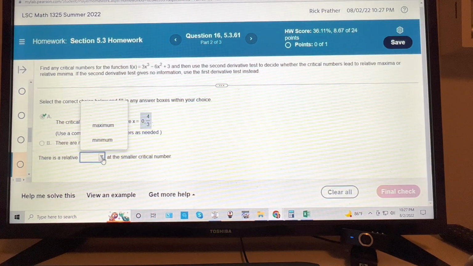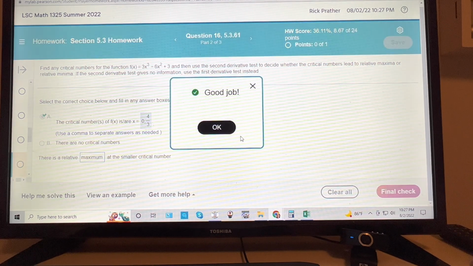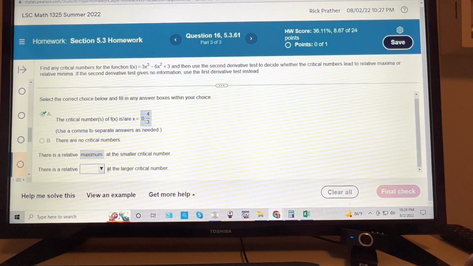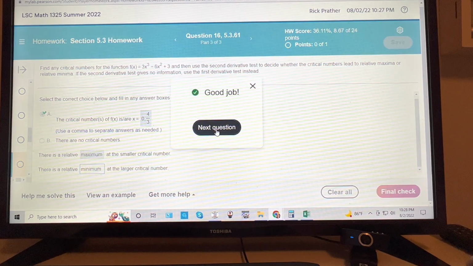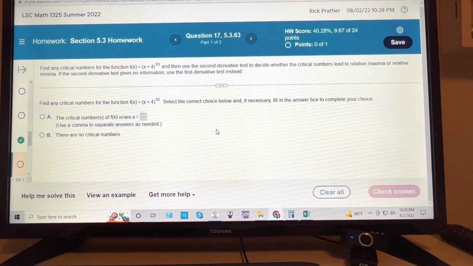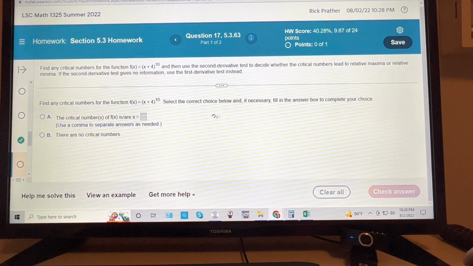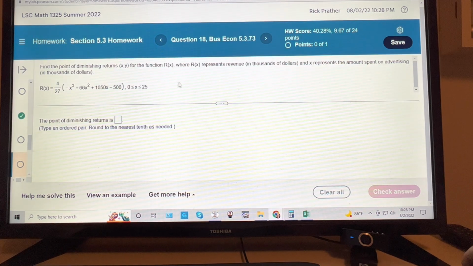So there's a local maximum at the smaller critical number. And apparently they're not asking for the "of" and the "at". So then there's a minimum at the other one. And they didn't care about the "at"s and the "of"s. So that's how you do the second derivative test.